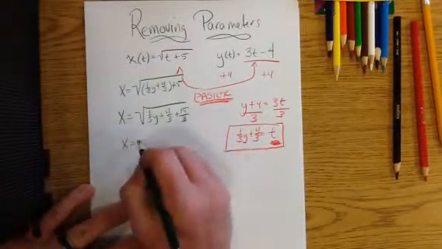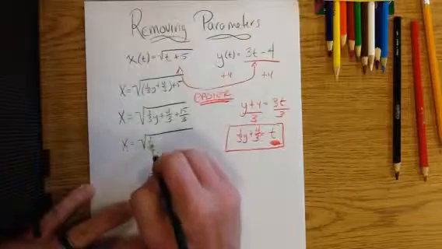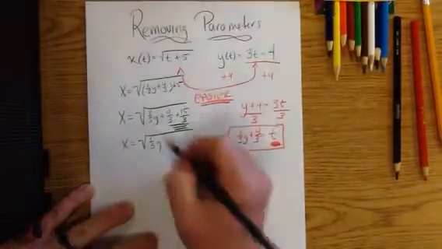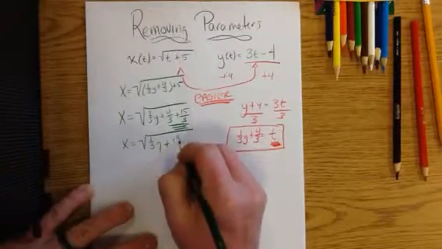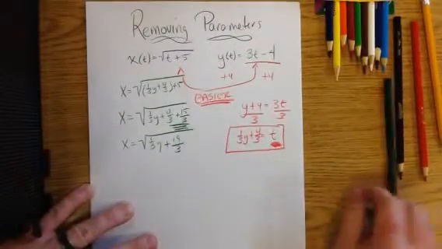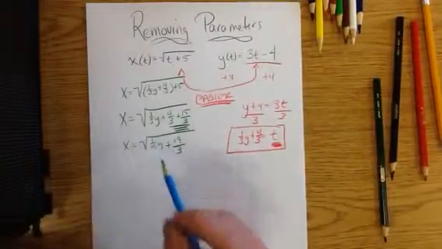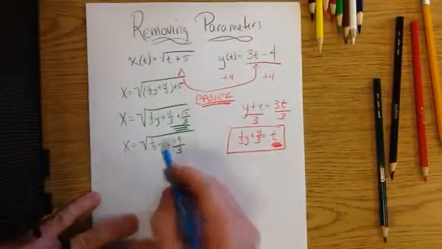We end up with the square root of 1/3 y. Now we have like terms here, so we combine them, and we end up with 19/3. So we have x equals the square root of 1/3 y plus 19/3.